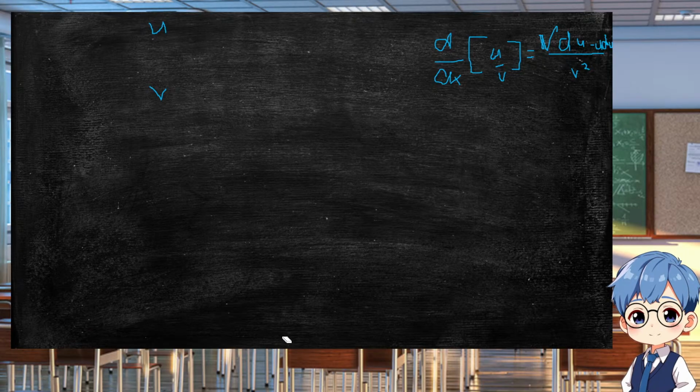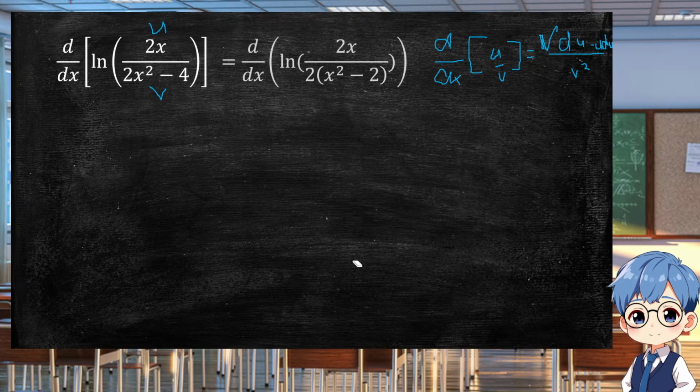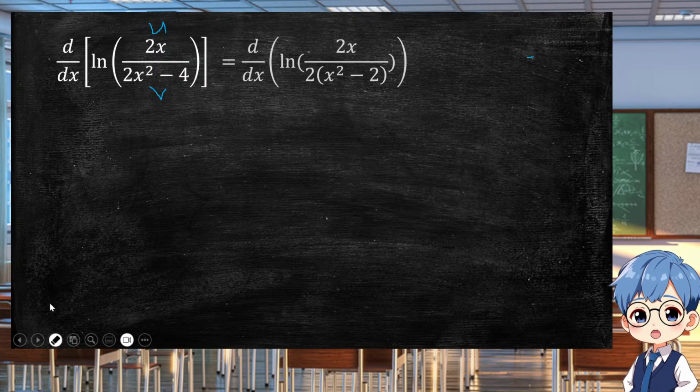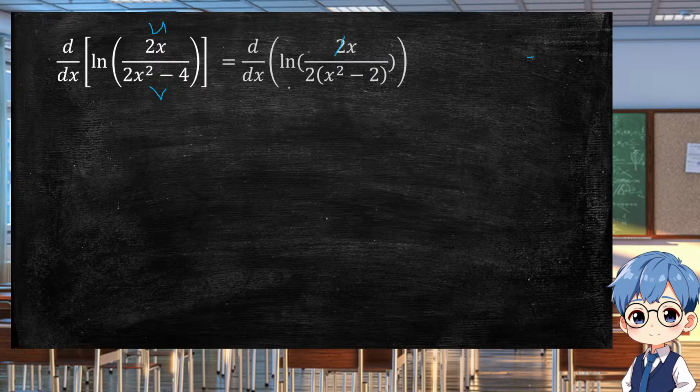Okay, again. So here, instead of having 2x all over 2x squared minus 4, we can simplify further so that it's much easier to solve. So we can factor out 2 in the denominator. Factoring out 2, we can cancel out 2.